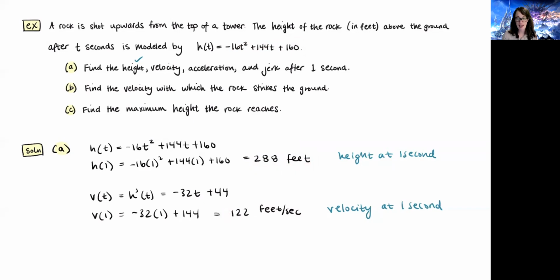So velocity always has a direction, up and down. Positive velocity means up, negative velocity means down, or maybe you're talking about forward and backward or left and right. So what this means here is that the rock is moving upward still.